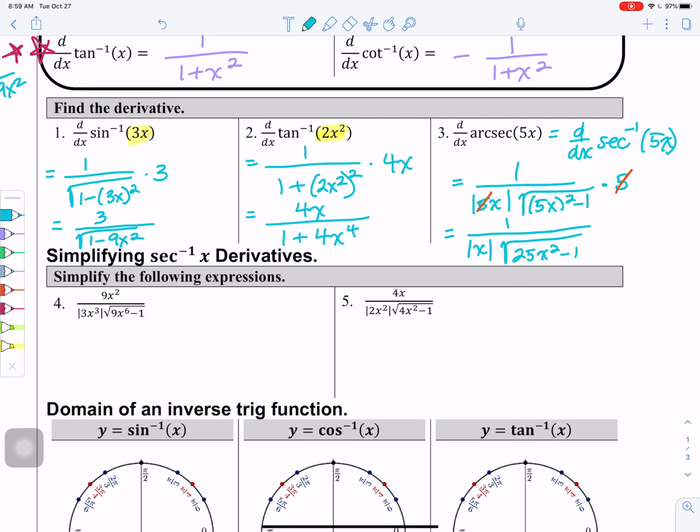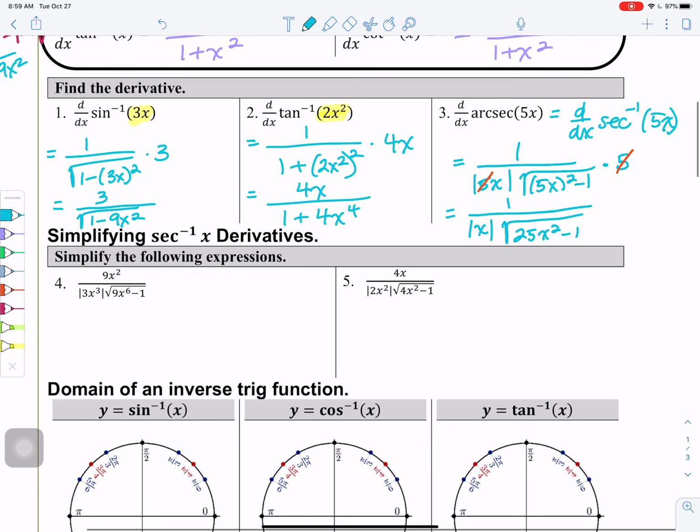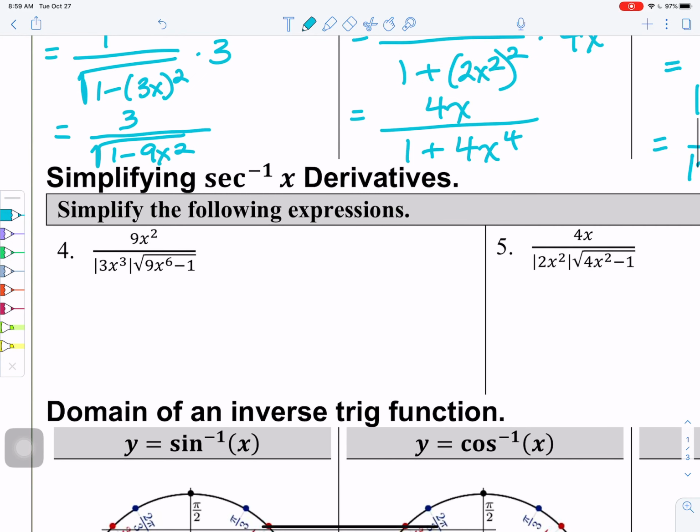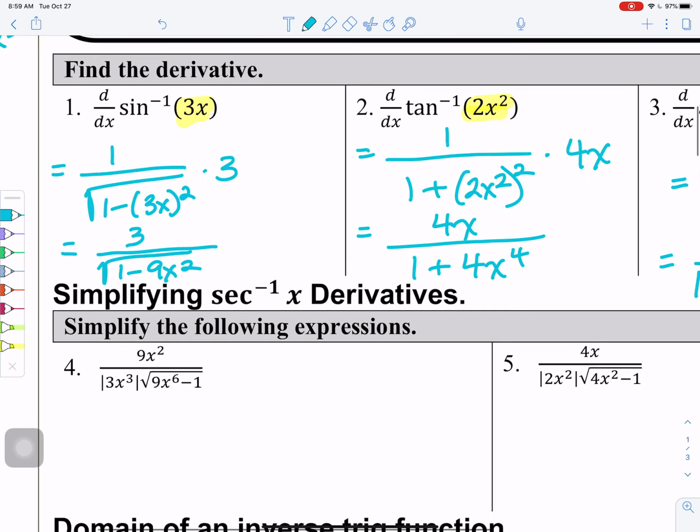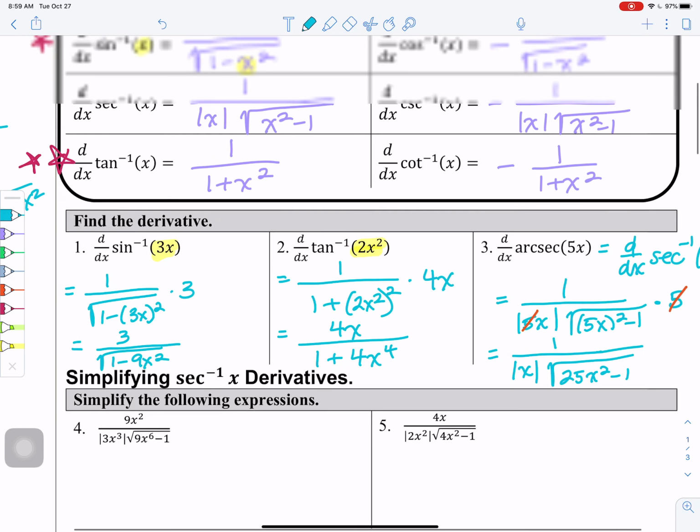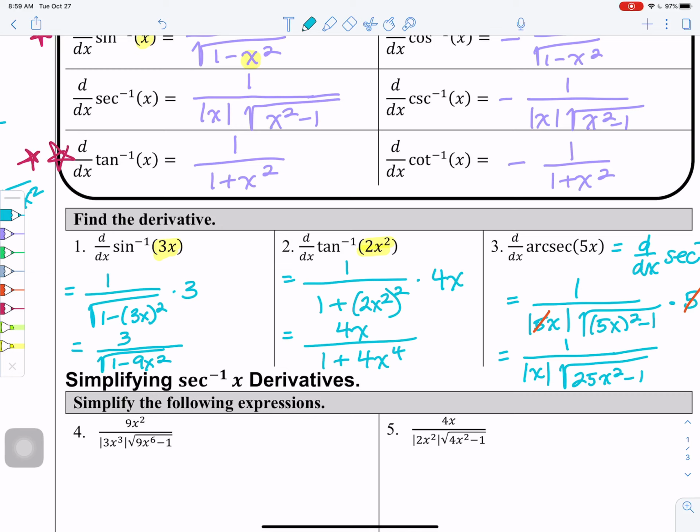We're just simplifying these. And so sometimes it's nice to talk about the algebra. One thing I want you to notice here is that the secant inverse function, if you look up here, is positive.